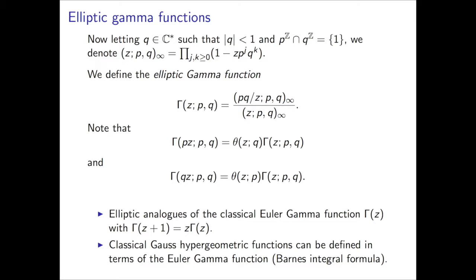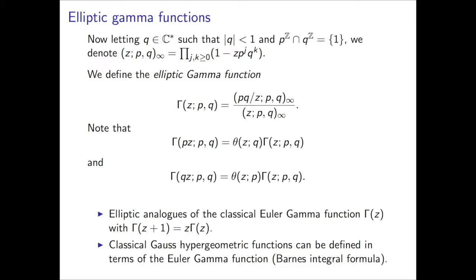But it's essential that the absolute value of q, and likewise of p, is smaller than 1. And then I'm also assuming that the set of integral powers of p and q is as disjoint as possible. I'll tell you later a little bit about how to interpret this condition in terms of what kind of point q defines in the quotient elliptic curve. But having this infinite product, you define the so-called elliptic gamma function in this way.